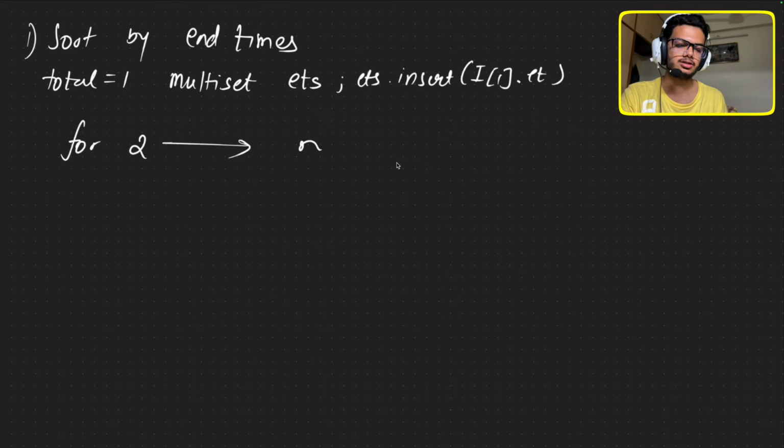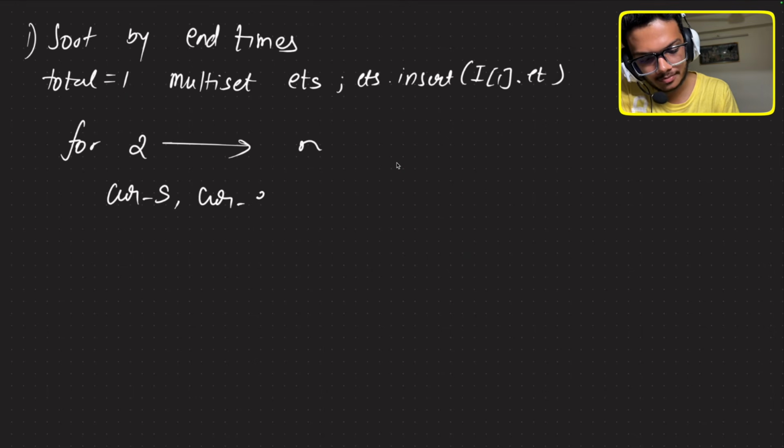What do we have to check? We have to check if there is an end time existing which is less than or equal to the current start time, and that too the closest one. So first we take out the current start time and the current end time.